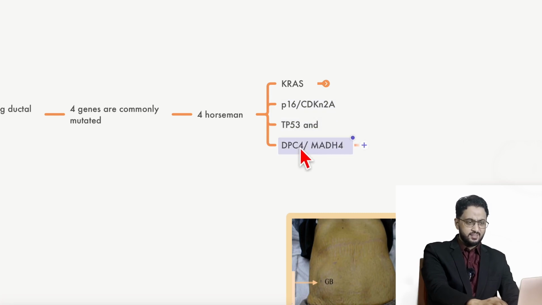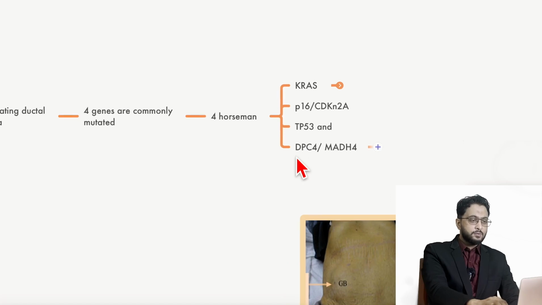And one gene I think you have not come across. I'm not mentioning the details of it, just know the name, just get exposed to it in case it comes. KRAS, P16, TP53, CDKN2A you know, and then SMAD4, also called DPC4 or MADH4. So these four are the genes.